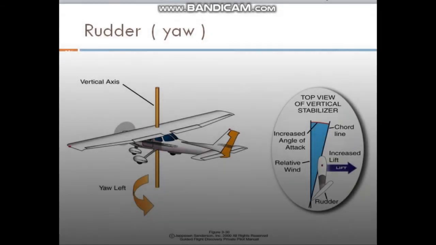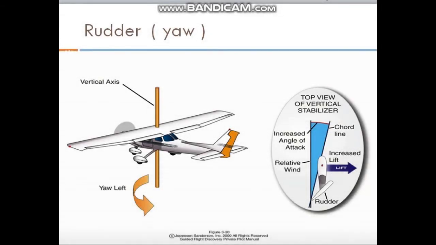The last movement we have is yawing. Which control surface will make yawing for the aircraft? Of course, it's the rudder, and it is around the vertical axis. As we see here, this is our rudder.